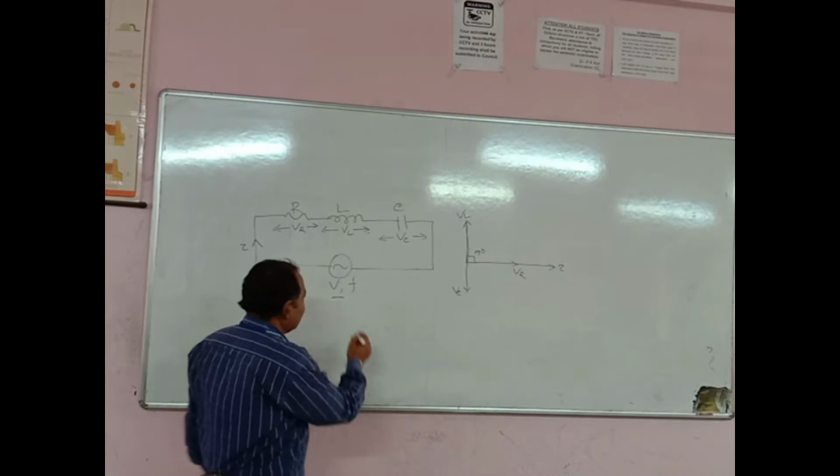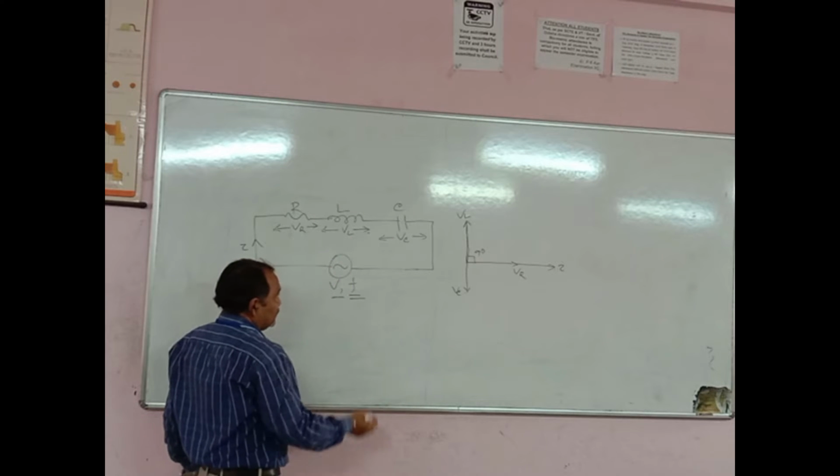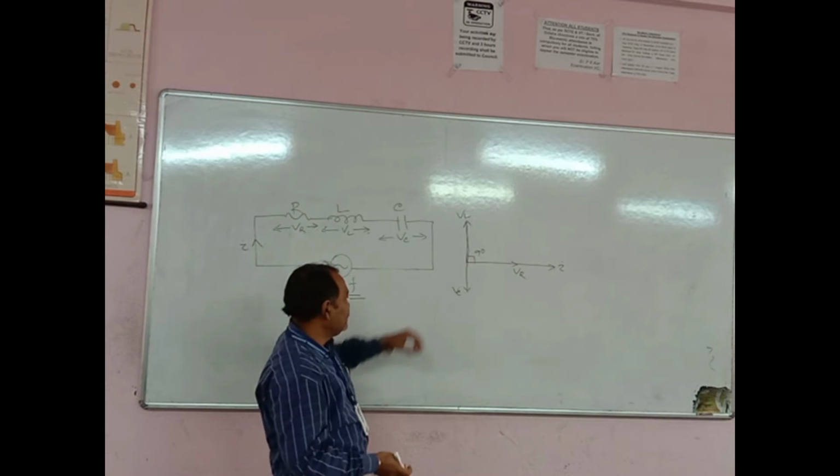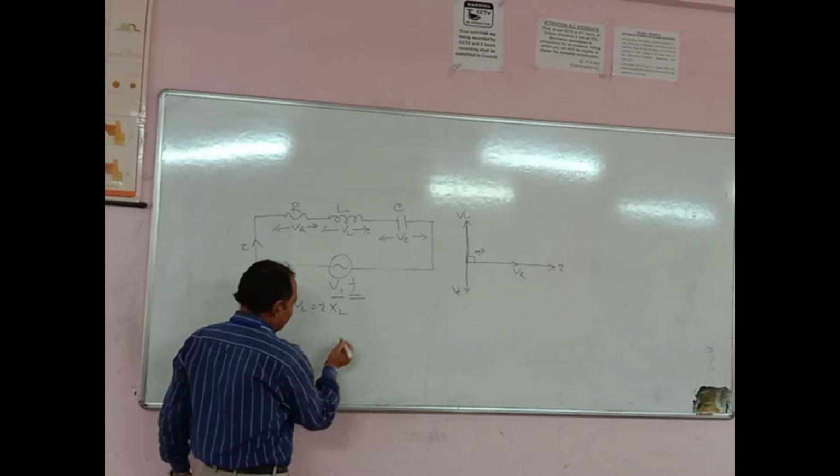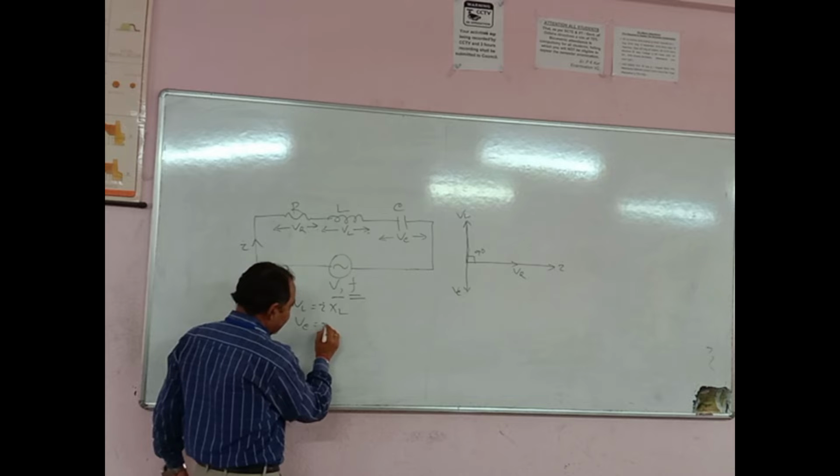If we change the frequency, what will happen? VL and VC will change, because we know that VL is equal to I into XL and VC is equal to I into XC.